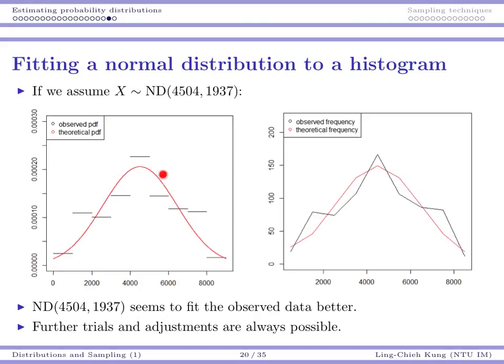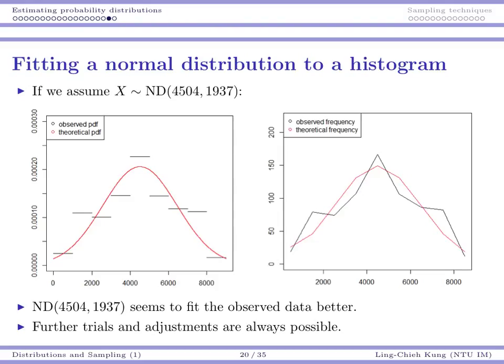And this is our normal curve, right? Or if you talk about frequencies instead of probabilities, this black one is the frequency polygon, and the red one is the frequency polygon based on theoretical frequencies.